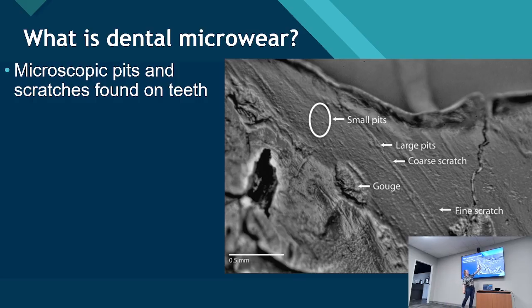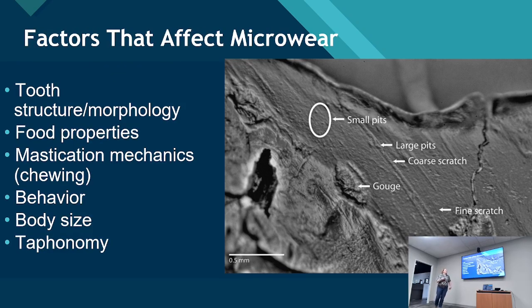No. We have pits, gouges, and then we have these scratches. So they're pretty easy to see. I'll talk about the pits later because I have opinions about those. But really all you need to know is that when you're chewing, you're making these patterns. And it's kind of interesting because these patterns will refresh themselves over a couple days' time. So you're always changing these tiny microscopic patterns on your teeth.